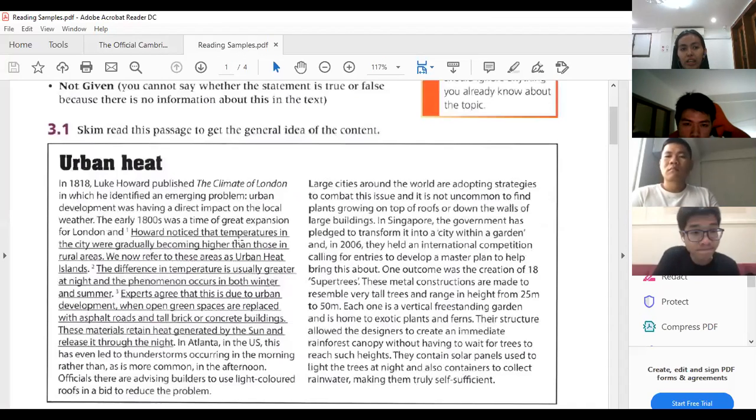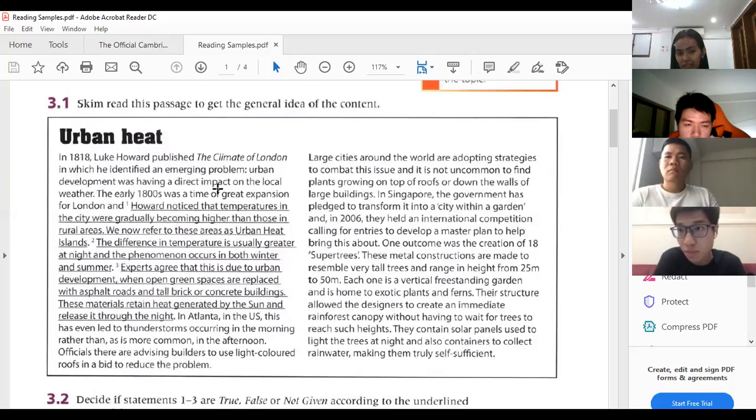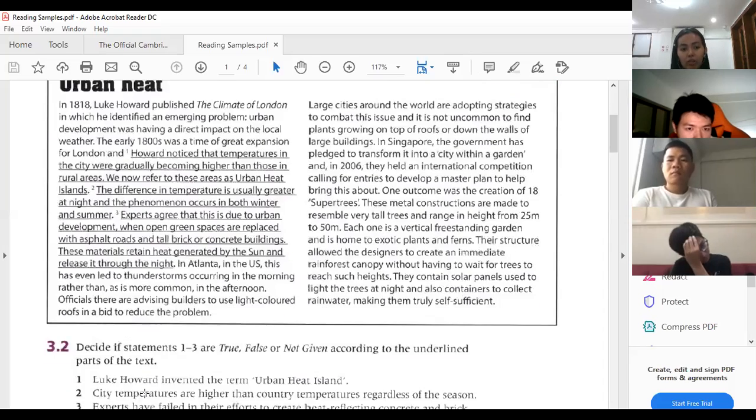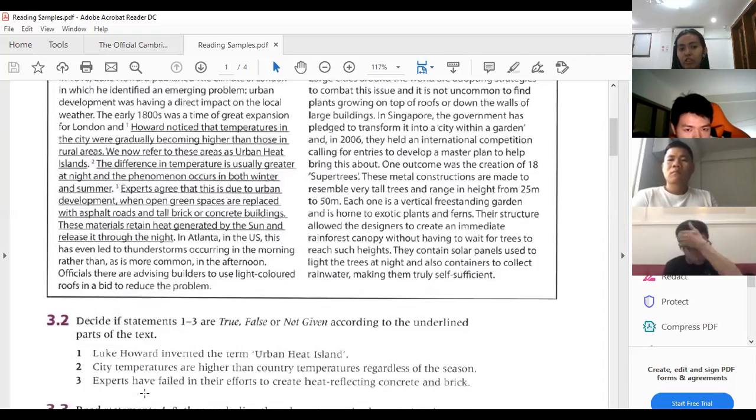So we have this article about urban heat. By the title, of course, it talks about the heating in the city area, like how hot it is, for example. And we have 3 statements, 1 to 3. Right now, your job is to only read the underlined sentences and answer the 3 questions.